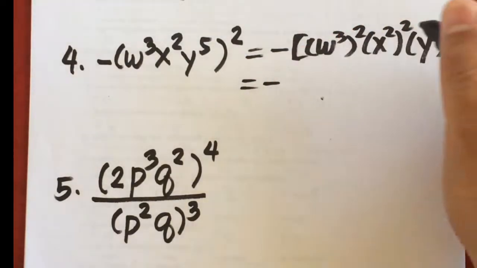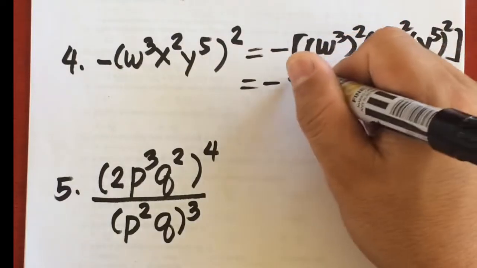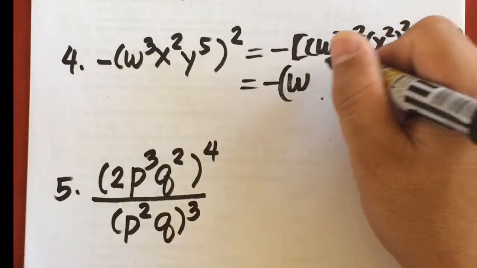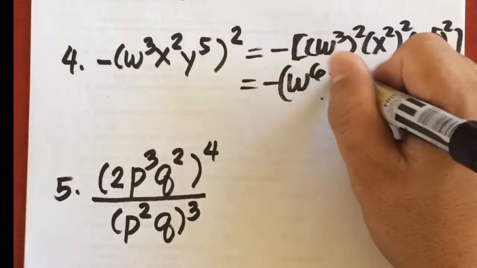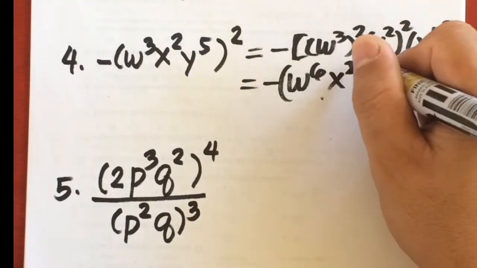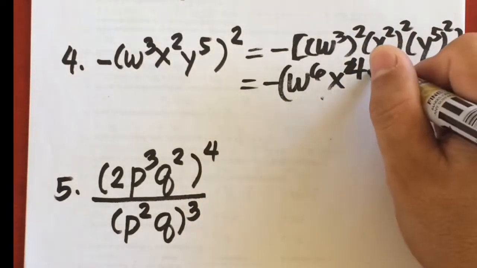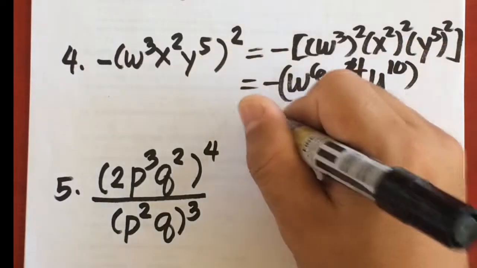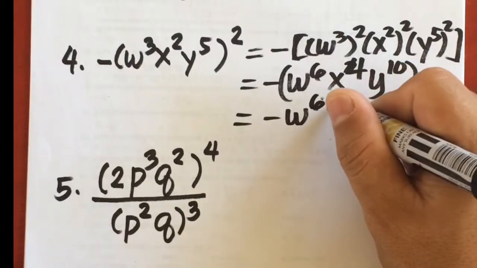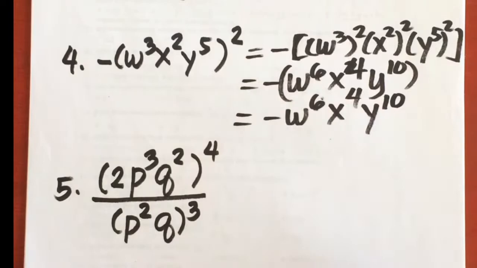So this is negative of w cubed squared, which will be w raised to the power of 6, then x squared will be x to the power of 4, then y to the power of 5 squared will be y to the power of 10. So your answer here will be negative w to the power of 6 x to the power of 4 times y to the power of 10.